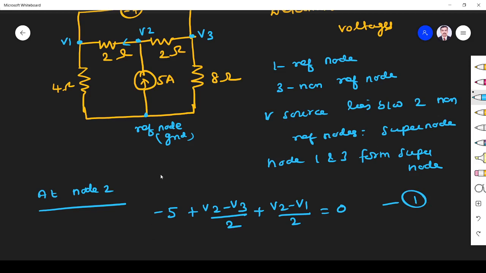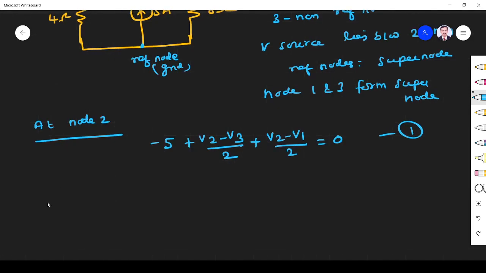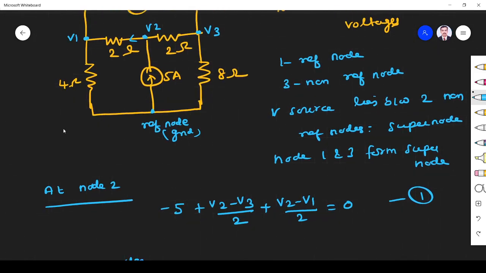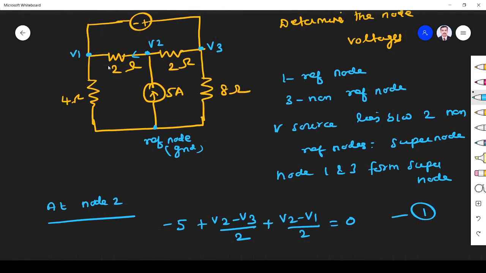Next we will deal with the supernode pair. First we do normal nodal analysis. Here the potential is V1, the resistance is 4.